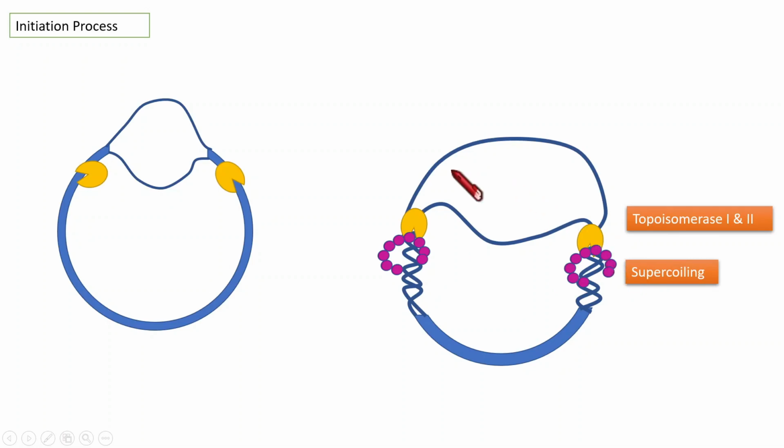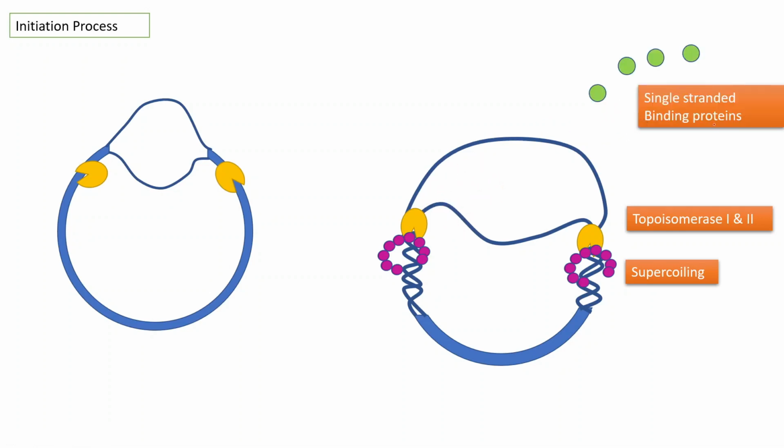Okay. Then we can see that an appreciable portion of the DNA is untwisted now. To keep that DNA in that form is very necessary. Otherwise, it will again undergo coiling. For that, there will come another set of proteins called single-stranded binding proteins.